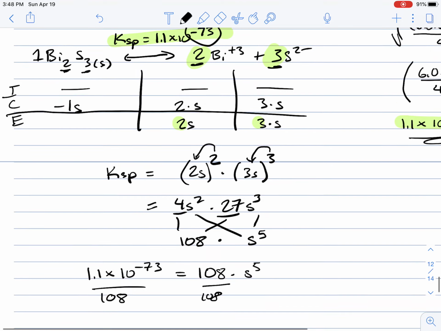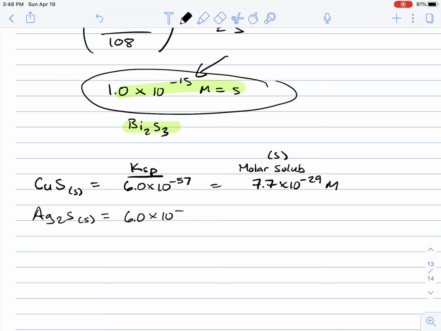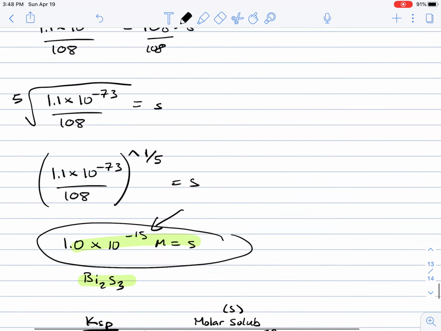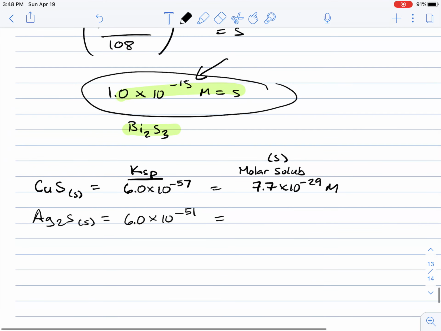It's 7.7 times 10 to the negative 9. Okay. And then my next substance was silver sulfide, and its KSP was 6.0 times 10 to the negative 51. And then that's going to equal 1.1 times 10 to the negative 17.